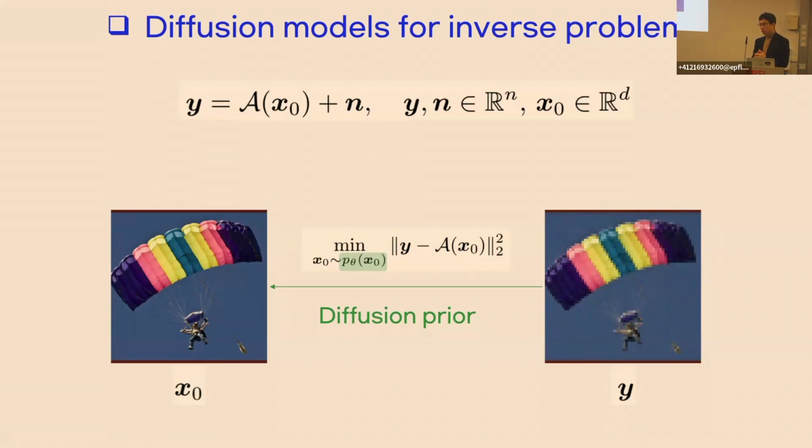But instead of using explicit regularizations as done in classical imaging problems, here our goal is to find a sample from the probability distribution p theta, which is the learned probability distribution, such that you minimize this kind of thing. In fact, if you directly learn this probability density function, that's an energy-based model. However, in the diffusion case, we are just learning its gradient, okay?